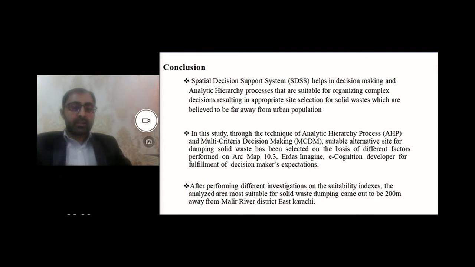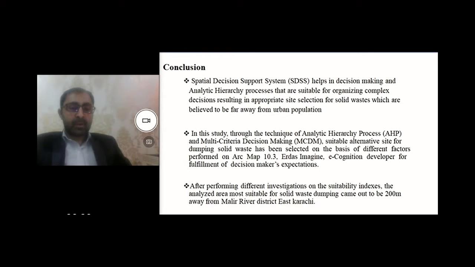Conclusion: a spatial decision support system helps in decision making, and the analytic hierarchy process is suitable for organizing complex decisions, resulting in appropriate site selection for solid waste, which is believed to be far away from the urban population.